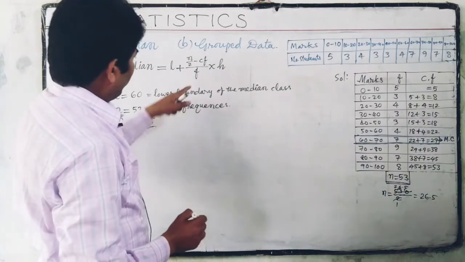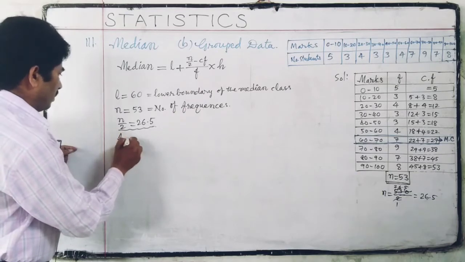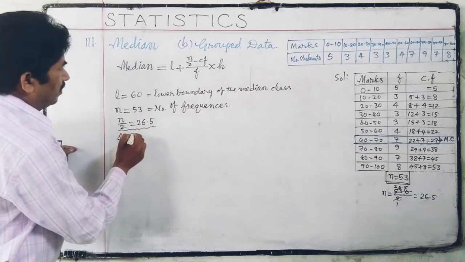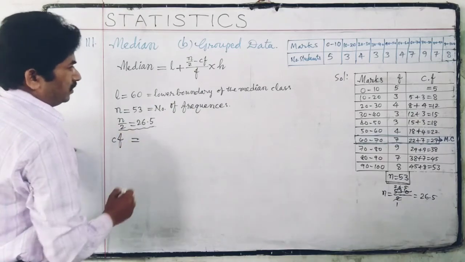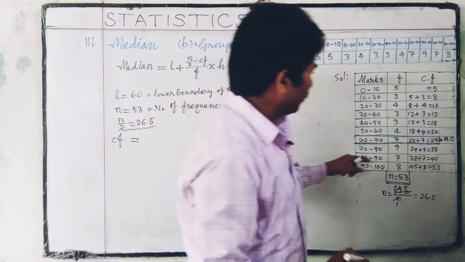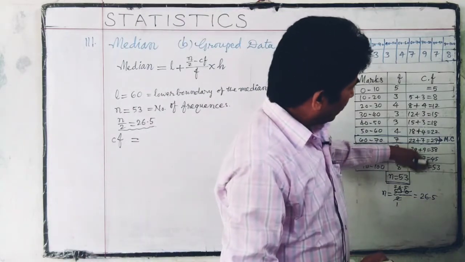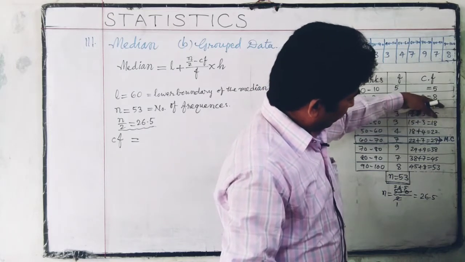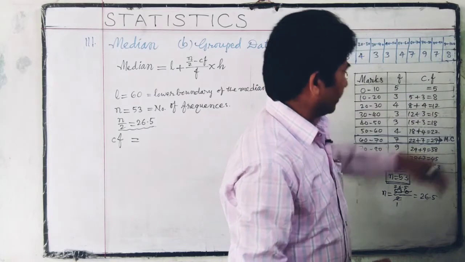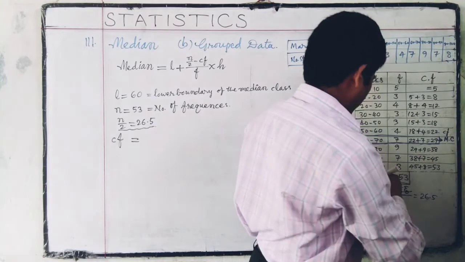Next, CF. CF is the cumulative frequency of the class preceding the median class. So this is the cumulative frequency, 22.